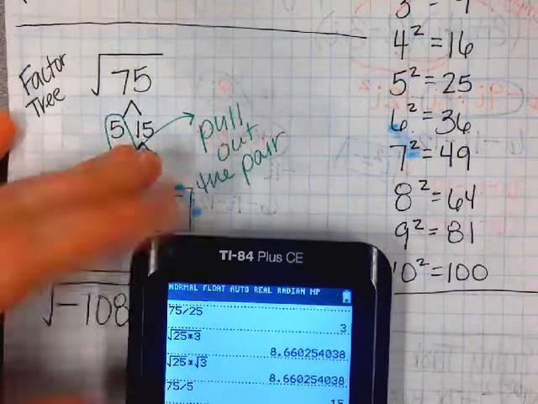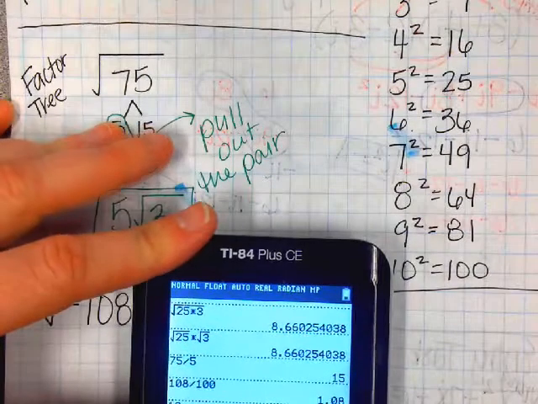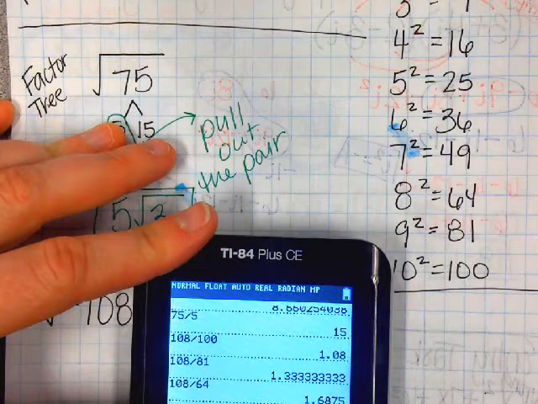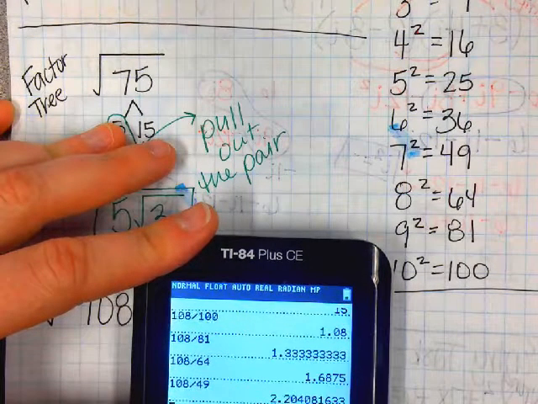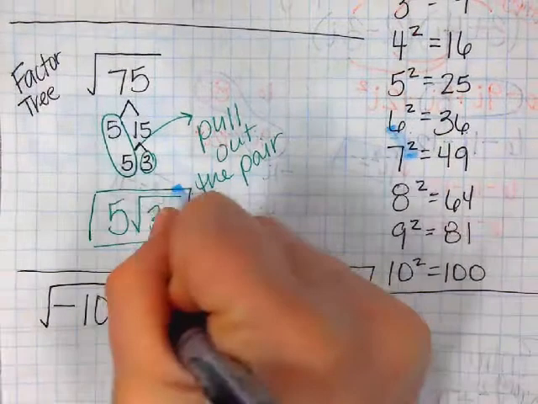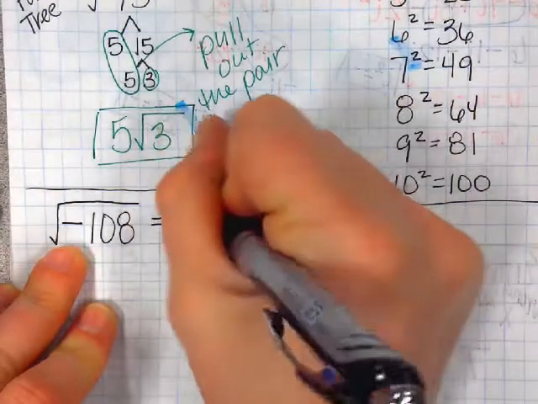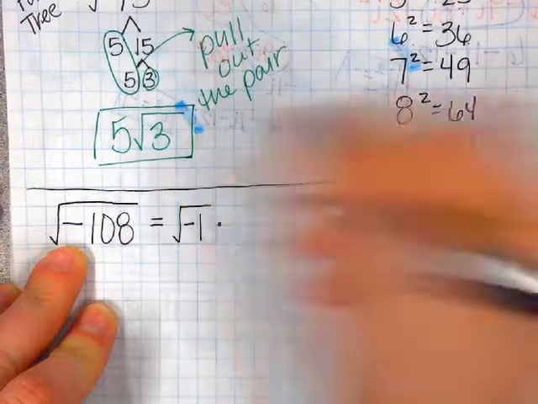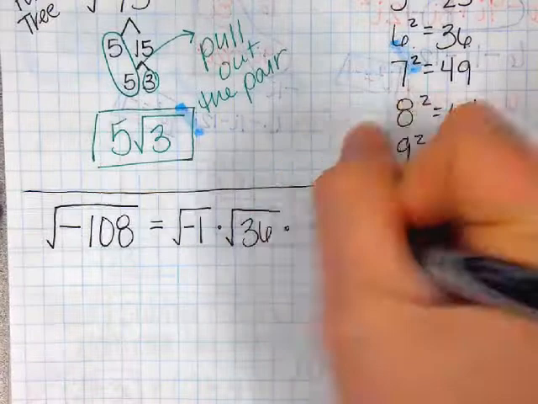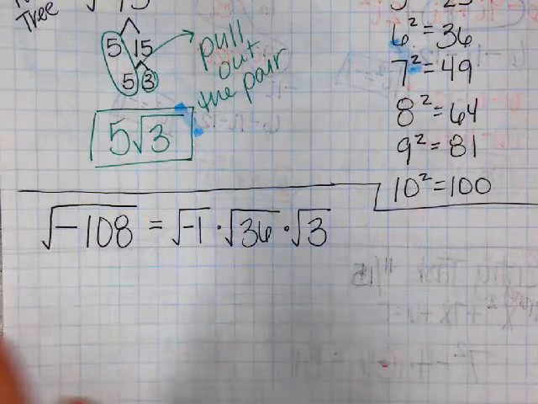So 108 divided by 100, we know that's not going to work, but again, start with the one smaller than it and work backwards. 108 divided by 81. 108 divided by 64. 108 divided by 49. 108 divided by 36. Well, that's 3. So I can break this up. Remember, you want to get that negative away from the other stuff, so I'm going to break it up into the square root of negative 1 times that perfect square I just found, the square root of 36, and the square root of 3, because that's what was left.